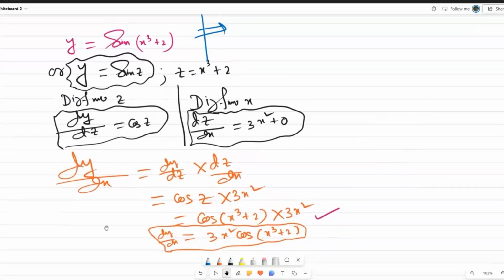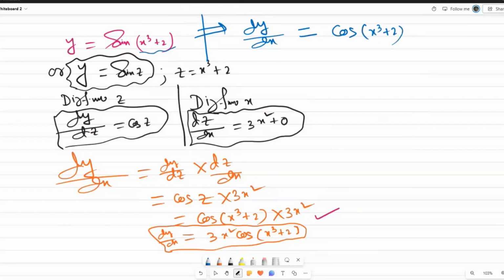If I remember this, that for a big function like this, to find dy by dx, we imagine that only sin x is there. What is the derivative of sine x? Cos x. So I'll write that.